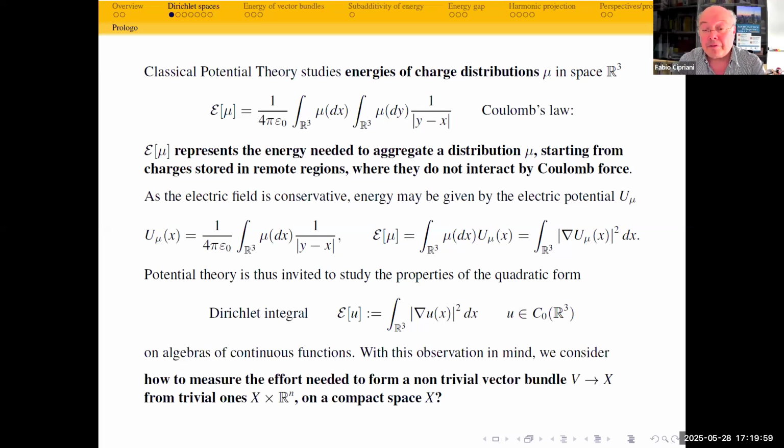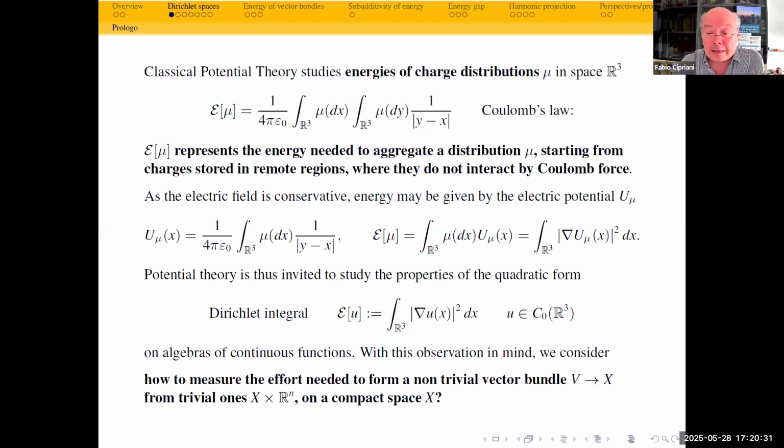And since the electric field is conservative, we may represent it by an electric potential, and the energy of the distribution itself can be written in terms of the potential by an integral with respect to the Lebesgue measure.